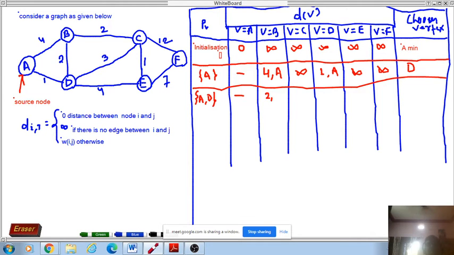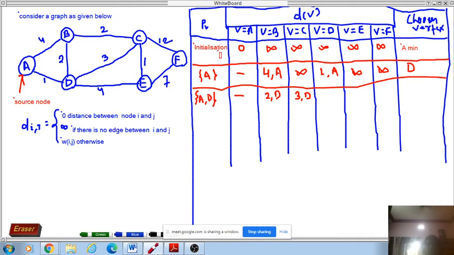Is there any path from D to C? Yes, D to C is given. How much? It is 3.